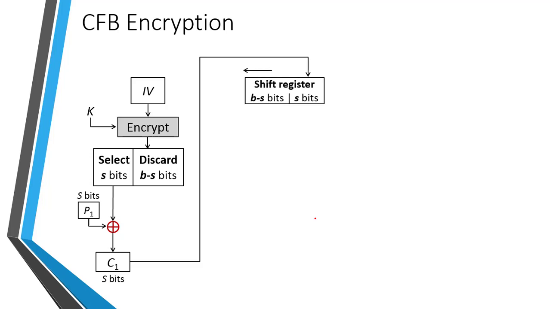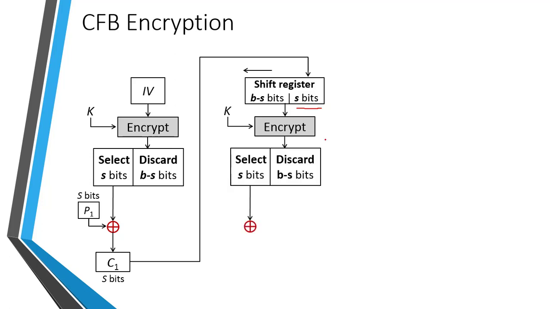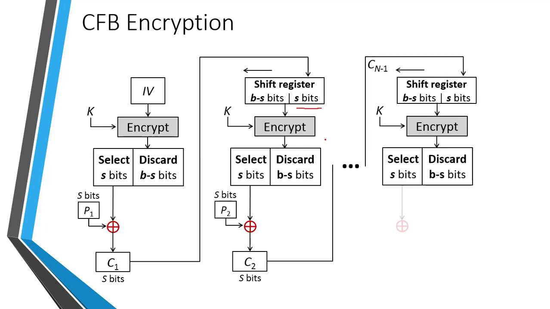In addition, the content of the shift register is shifted by S bits and C1 is placed in the rightmost S bits of the shift register. After that the encryption process is applied. This process continues until all the plaintext units have been encrypted. So this is the process in the cipher feedback mode.